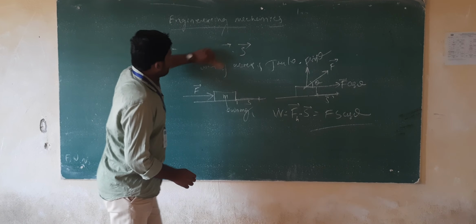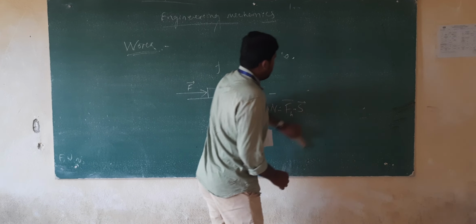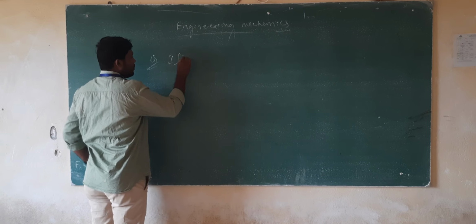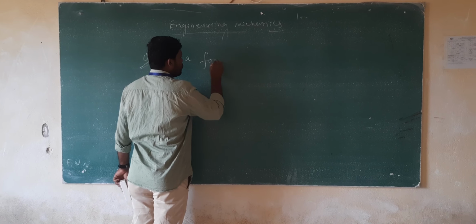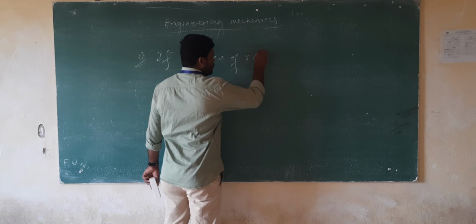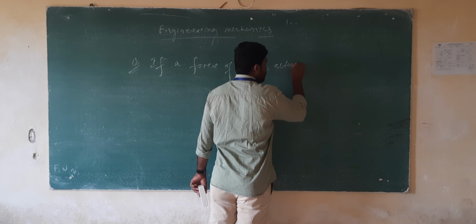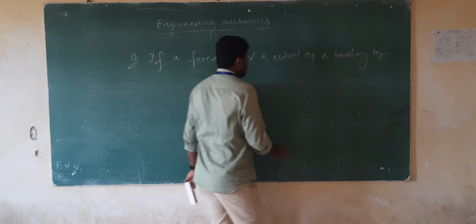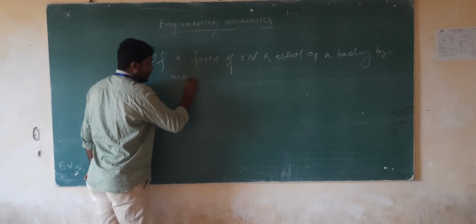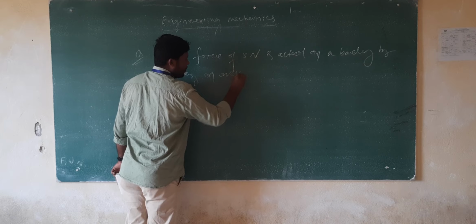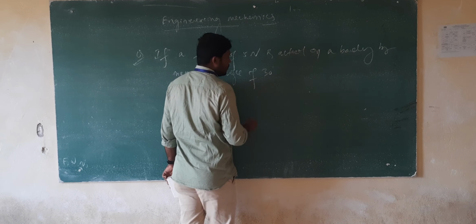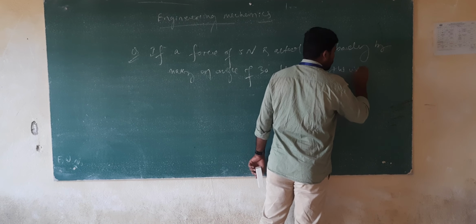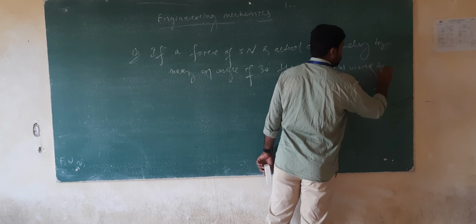That is your problem. If a force of 5 Newton acts on a body, making an angle of 30 degrees, and the body moves a displacement of 10 meter, then find the work done.